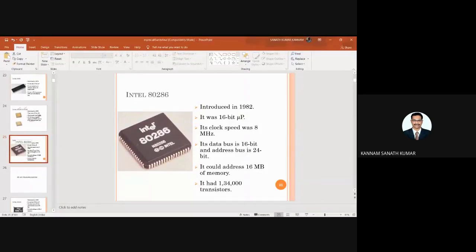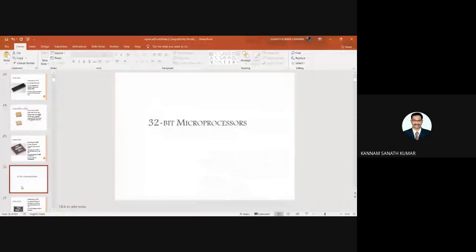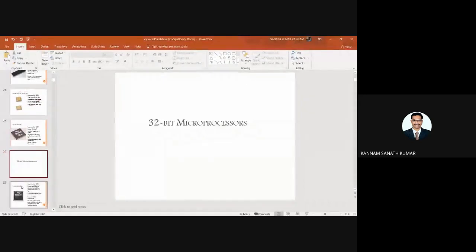These are all part numbers: 8086, 8088, 80186, 80188, 80286. Now I will tell you about the 32-bit. 32-bit means at a time it can process 32-bit data, and all the registers are of how many bits? 32-bit only.